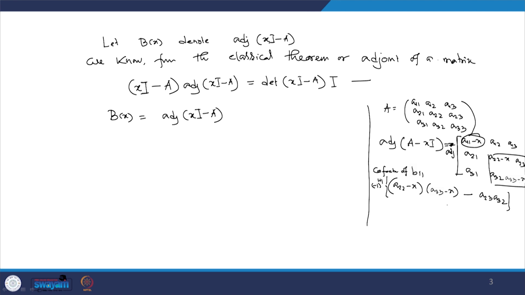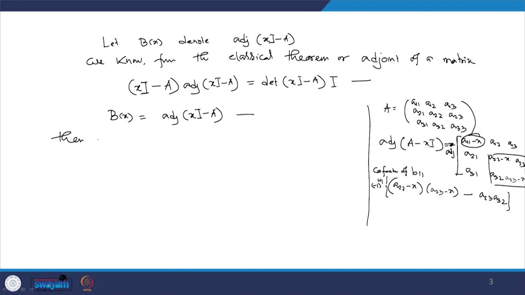Similarly, if I go for A12, I will have a polynomial of degree at the most 1, only x, and the other case is also x. So, the cofactors, each B_ij, will be a polynomial of degree at most n minus 1.